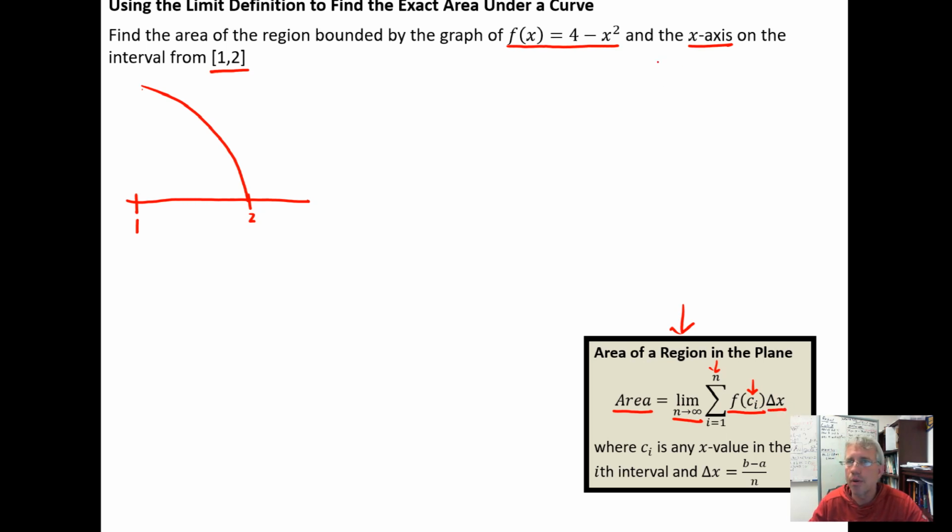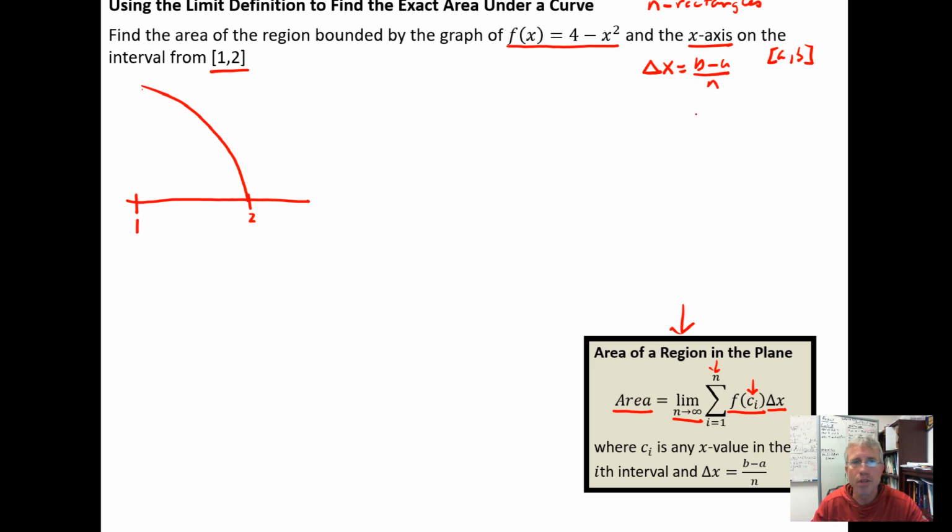So the first thing we want to deal with is determining delta x, the width that each rectangle will need to be. We're going to use n rectangles for our area estimate. Remember, delta x is just b minus a over n, where b and a are the two numbers establishing the closed interval over which we're working.